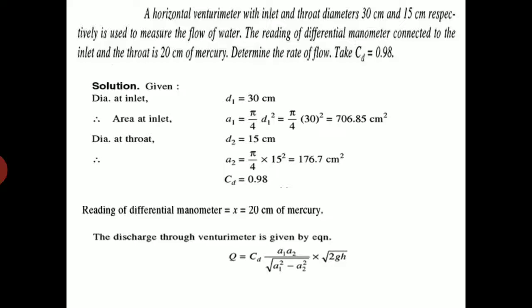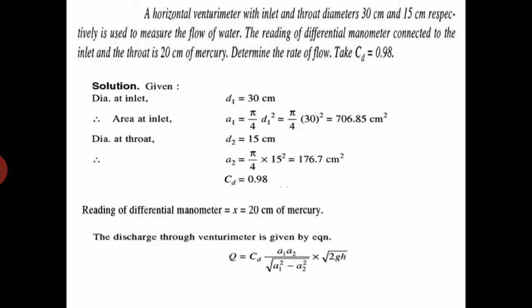A horizontal venturimeter is being given to us with inlet and throat diameters of 30 centimeter and 15 centimeter. So the diameter of inlet is 30 centimeter and the diameter of throat is 15 centimeter. Through this we can calculate the area by pi by 4 into d square. Again we can calculate the area of throat also.